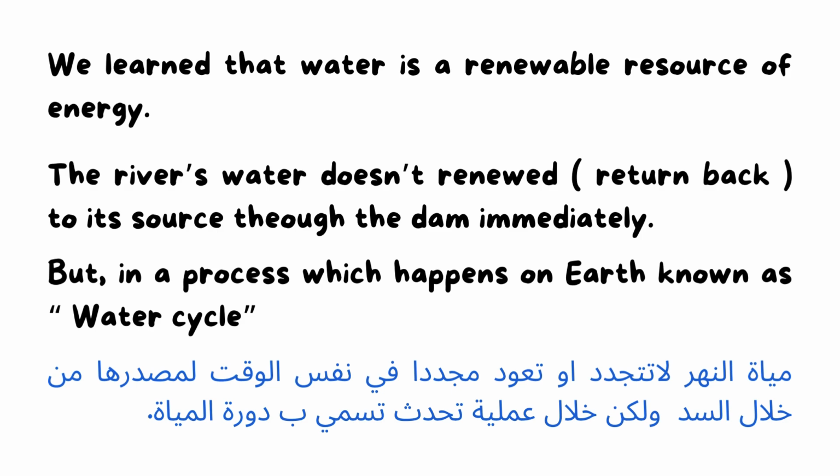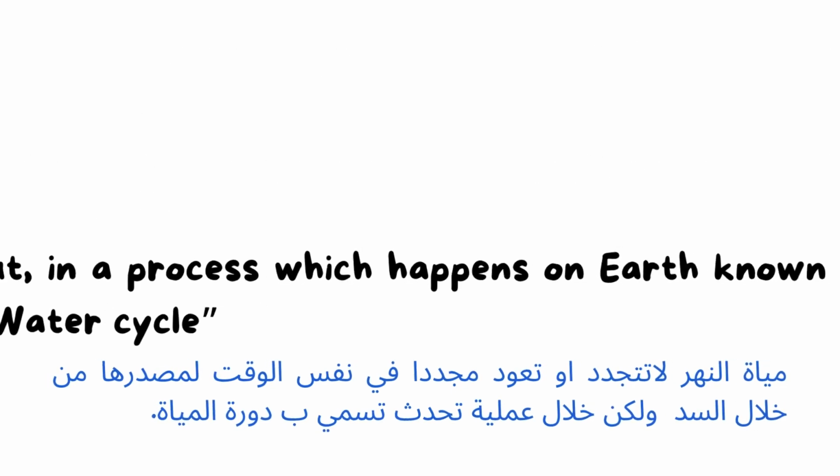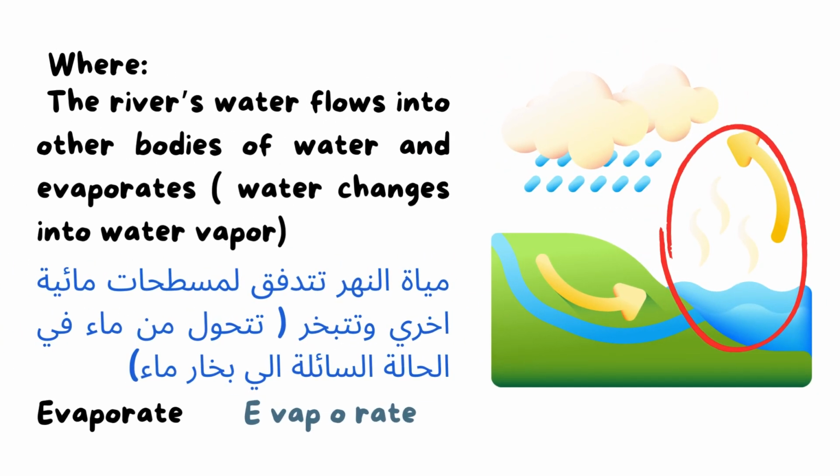But what happens? There is a process which happens on Earth called the water cycle, and we will discuss it now. The river's water flows into other water bodies like a sea, an ocean, or any other body. Here the water evaporates.